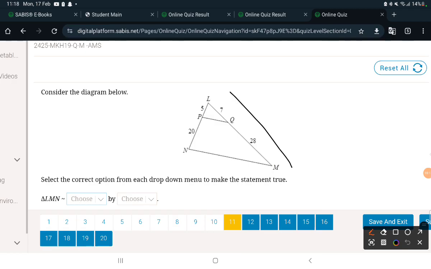Look, LMN is just similar to LQP. They look very similar if you look at them. The only difference is that LMN has longer sides. But if you look at the shapes, the two of them are very similar. They have the exact same shape. So yeah, it's similar to LQP. I think you understand why. Look, LMN, LQP. So whatever looks similar is similar. That's all you need to know.